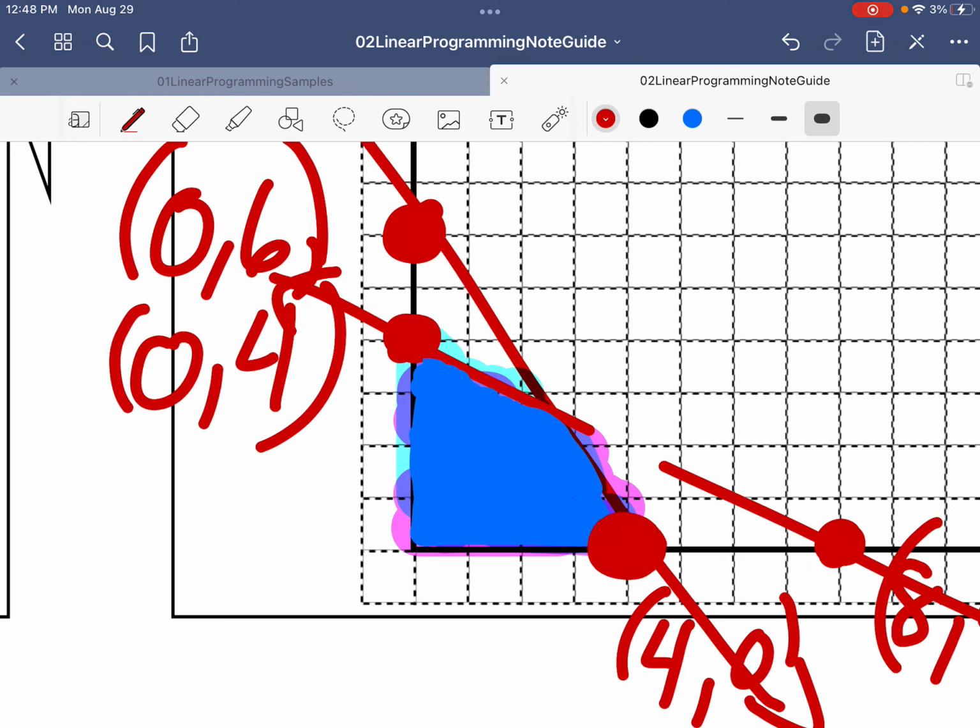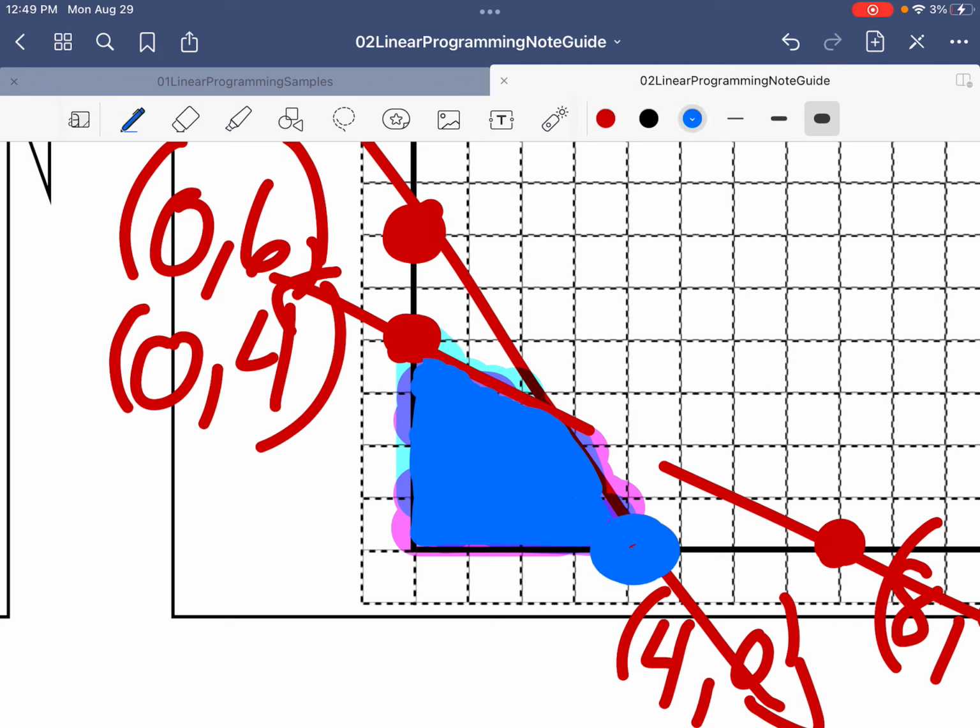But if I want to get the most amount of money, I then will only be required to use the vertices. And the vertices I'm highlighting in red end up being these 4 points. Tell you what, let's highlight them in blue. That actually would stand out a little bit better.